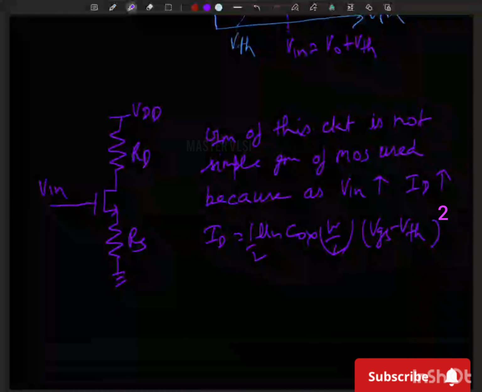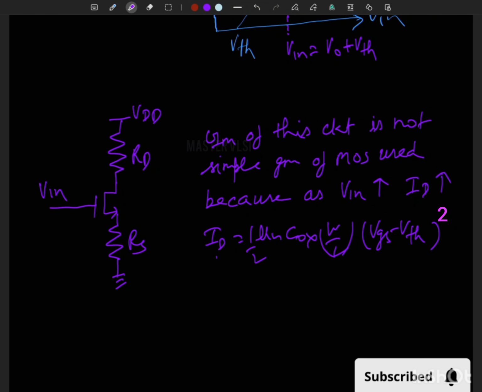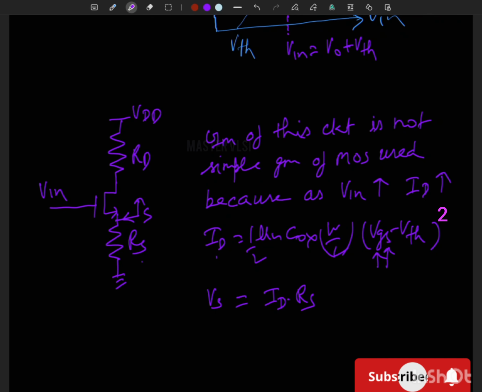So as Vin changes, VGS changes, ID changes. If ID changes, then your source voltage will also increase. So this change in Vs value is equal to ID into Rs.